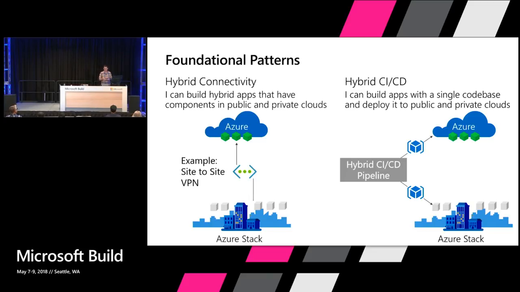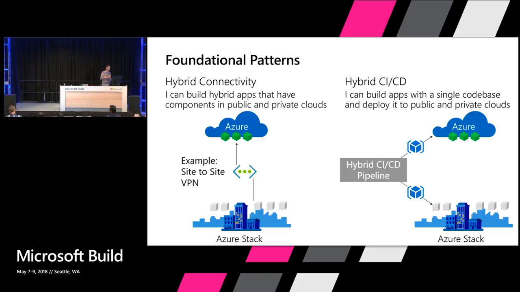So in terms of foundation, what we have is the ability to provide connectivity. Again, connectivity between Azure and Azure Stack can be accomplished in different ways. And when you have that connectivity established, you can either leverage public endpoints or go through both Azure and Azure Stack if you have VPN or Express Route.